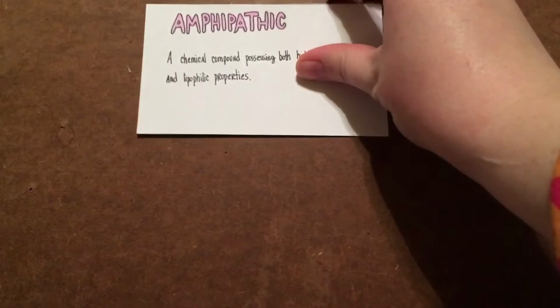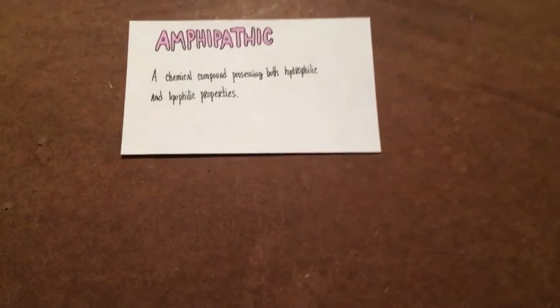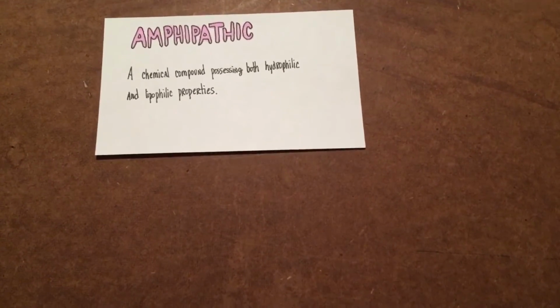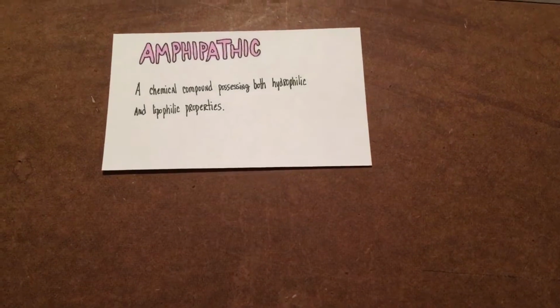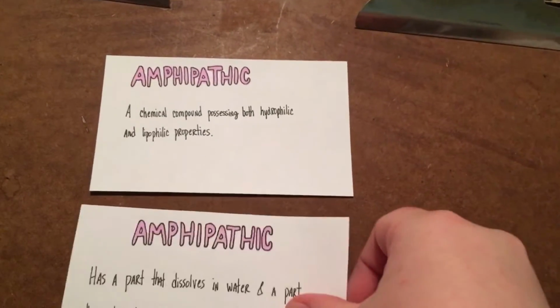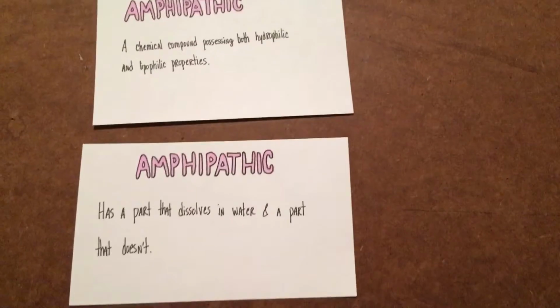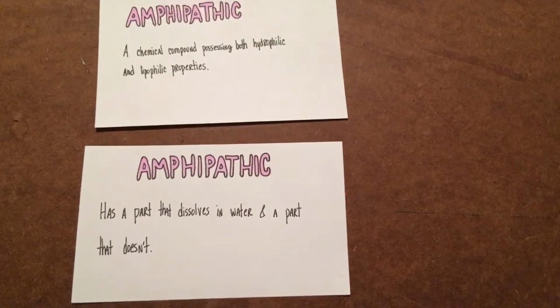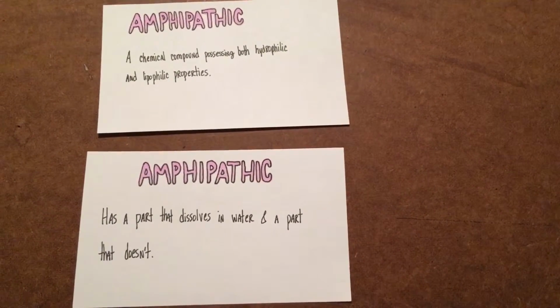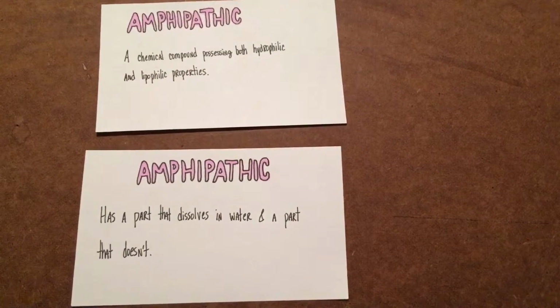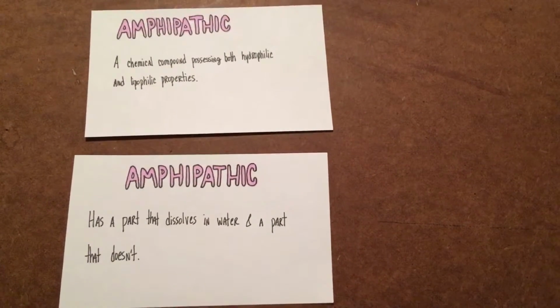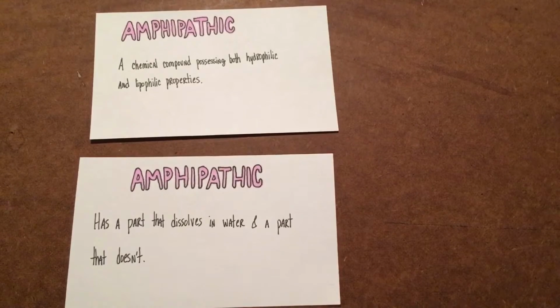Amphipathic is another word that's similar in meaning. Amphipathic is a chemical compound possessing both hydrophilic and lipophilic properties. In other words, an amphipathic molecule, an amphipathic thing, has a part that dissolves in water and a part that doesn't. It's a little piece of something.